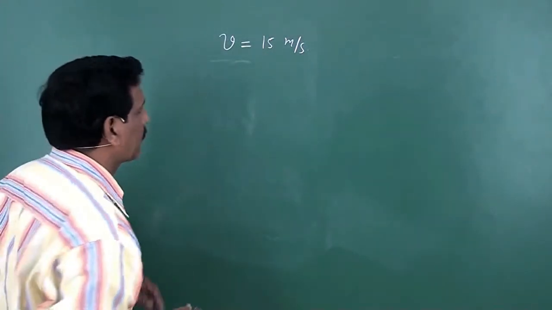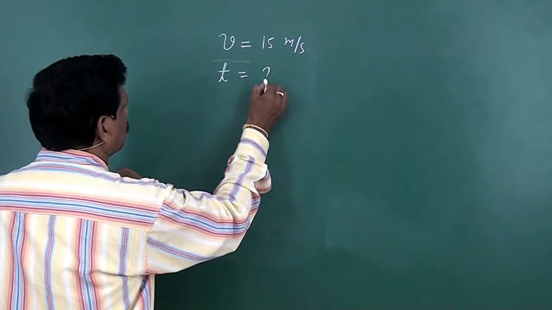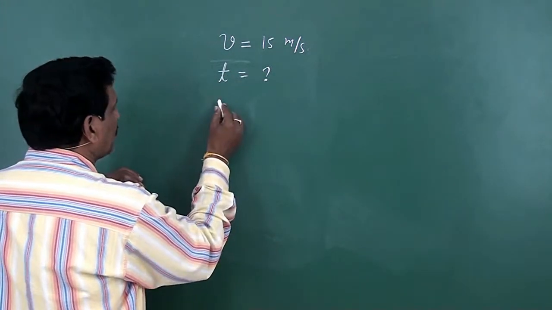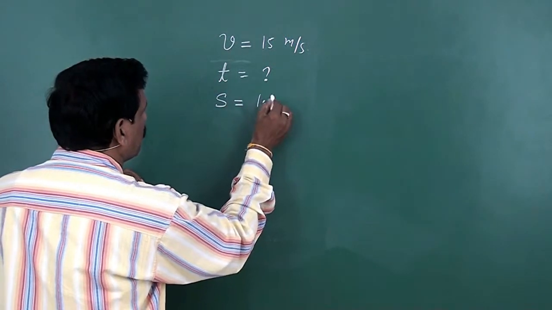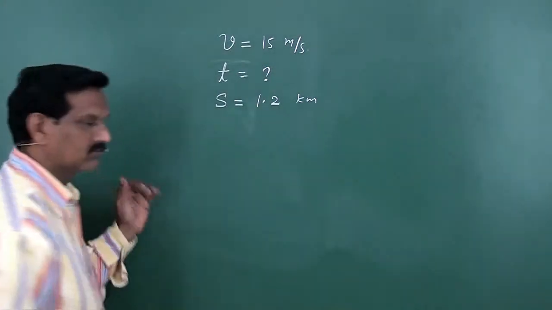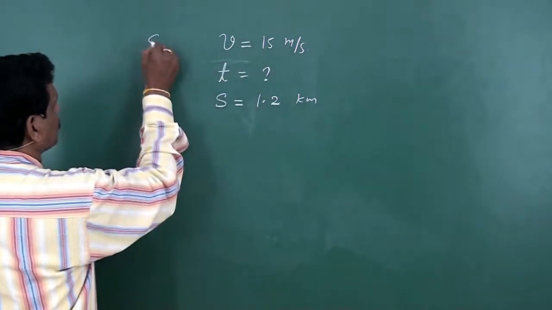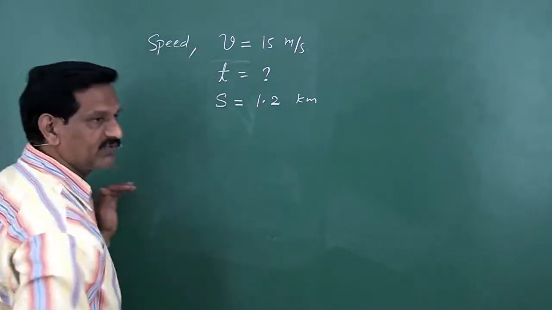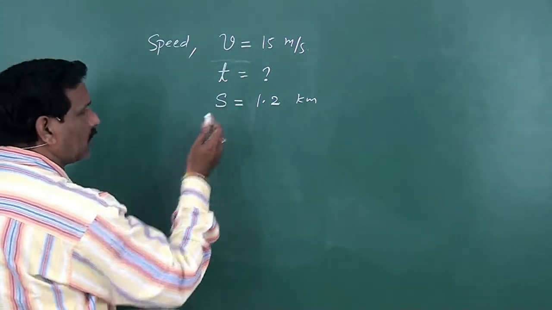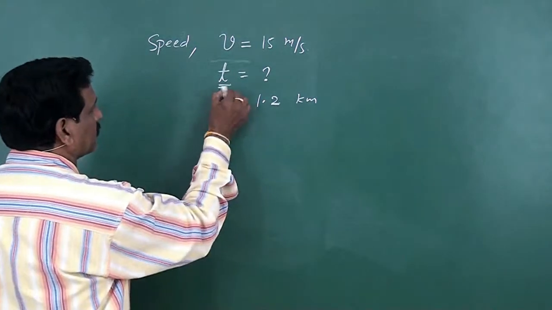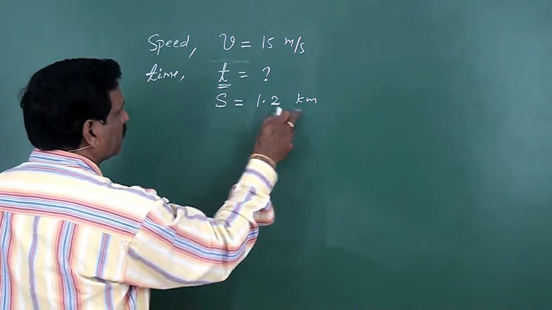This is the speed of the car, and we have to find the time taken to cover a distance of 1.2 kilometer.